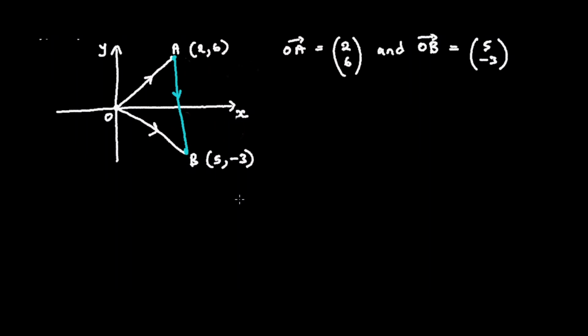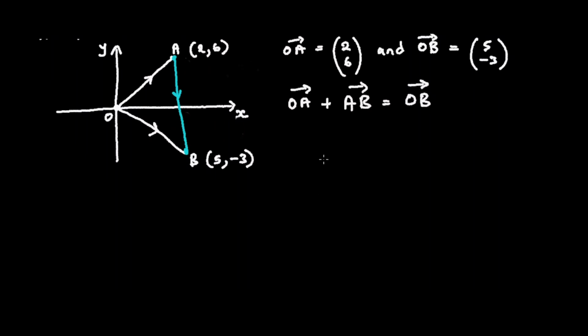So we have OA and OB, we need AB. To get AB, we need to find vectors which are following each other. Then we write our equation. So OA is following AB, as you can see. And this is equal to OB, which is opposing the general flow.